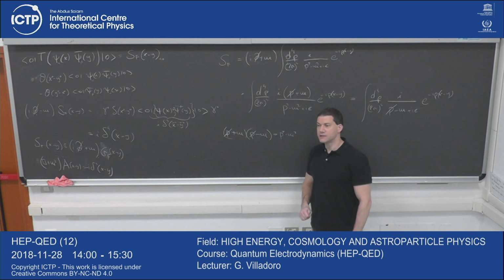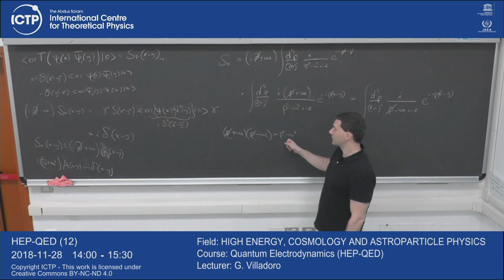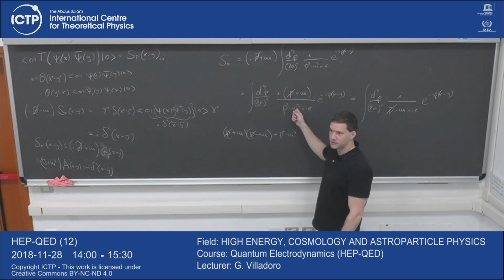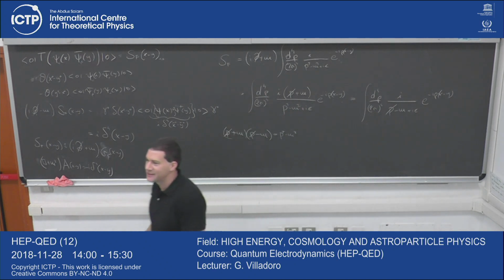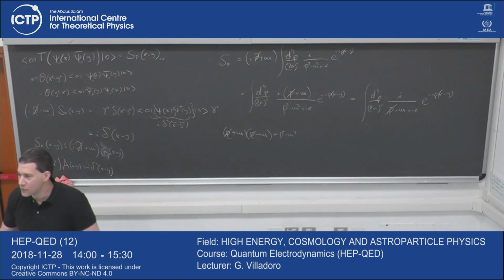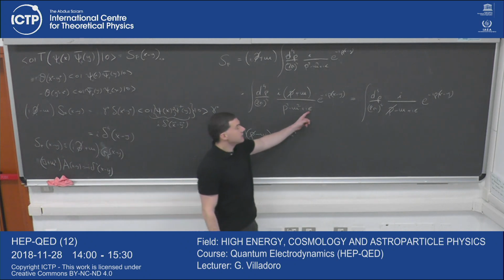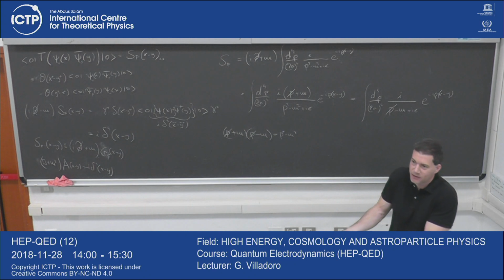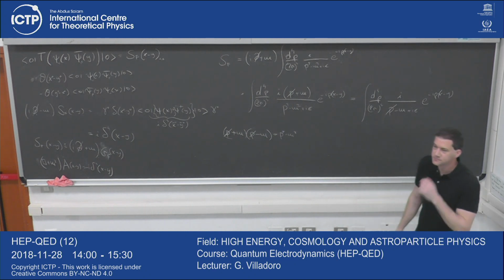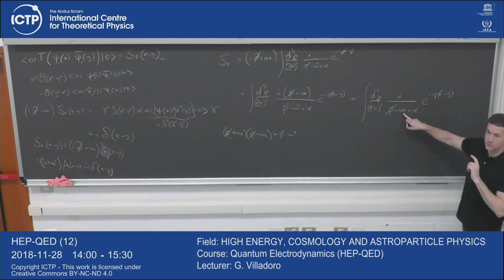It does not exist when p squared is equal to m squared, which is the pole of this guy. So the poles are non-invertible matrices. The poles are avoided by i epsilon, which is also a matrix. Well, it's the identity matrix. Also m is the identity matrix.